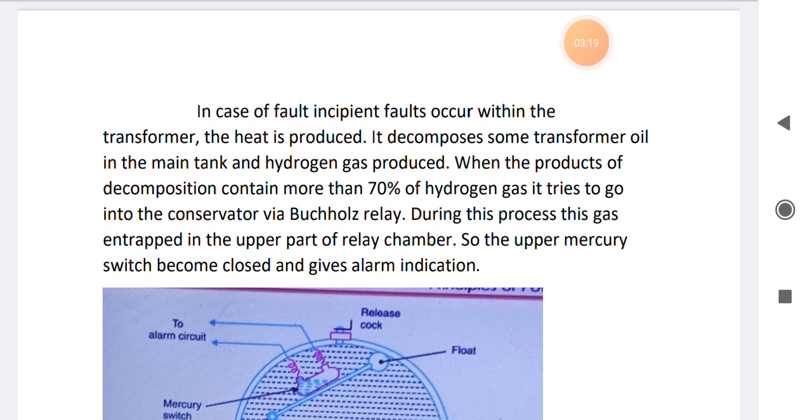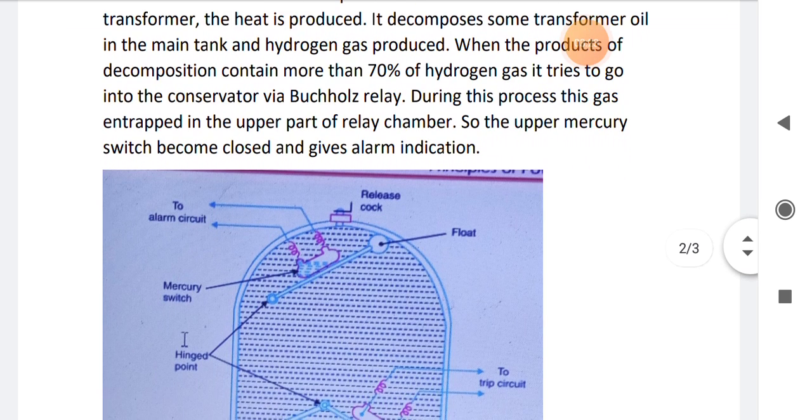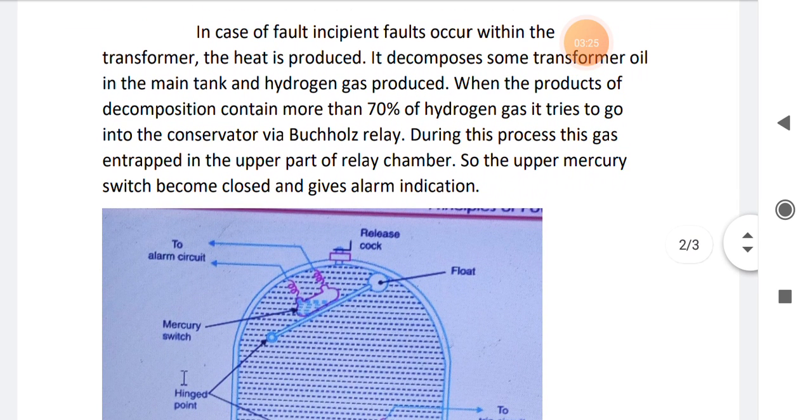It decomposes some of the transformer oil in the main tank and hydrogen gas is produced. When the products of decomposition contain more than 70% hydrogen gas, it tries to go into the conservator through the Buchholz relay. During this process, the gas is entrapped in the upper part of the relay chamber, so the upper mercury switch closes and gives an alarm indication.